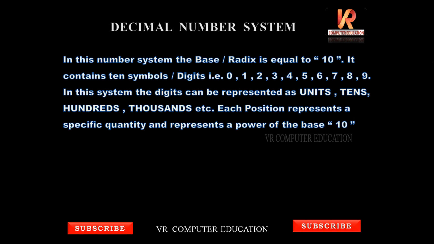In this number system, the digits can be represented as units, tens, hundreds, thousands, etc. So each position represents a specific quantity like units, tens, hundreds and thousands, and a power of base 10. Means 10 power 0, 10 power 1, 10 power 2, 10 power 3 and so on.